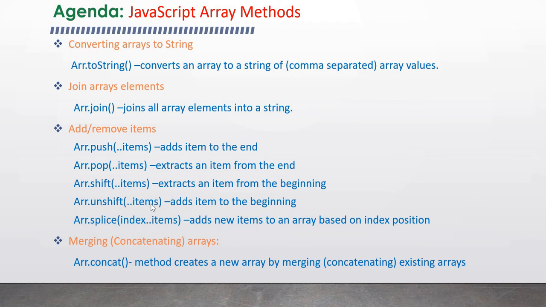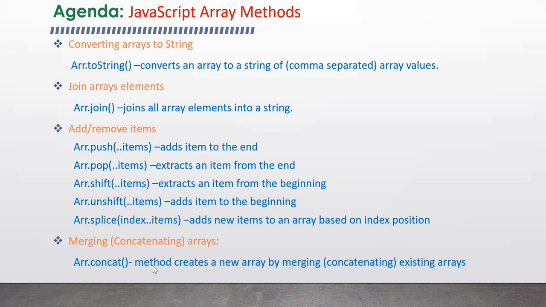The unshift method does the reverse: it adds the item at the beginning. And there is arr.splice, where inside the brackets you can pass two parameters, the index number and the item. It will add this new item to the array based on the index position you specify. So if you need to add an item in the middle of the array, you can do it using the splice method.